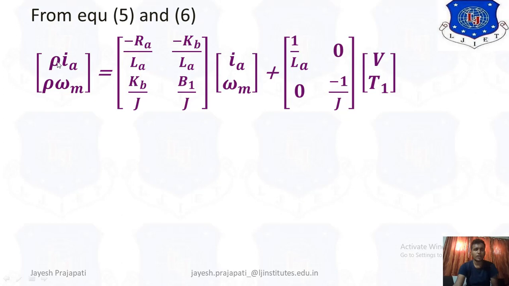Here is dia by dt, and here d omega m by dt. So we have replaced this differentiation by rho into ia, rho into omega m, equal to the matrix form.